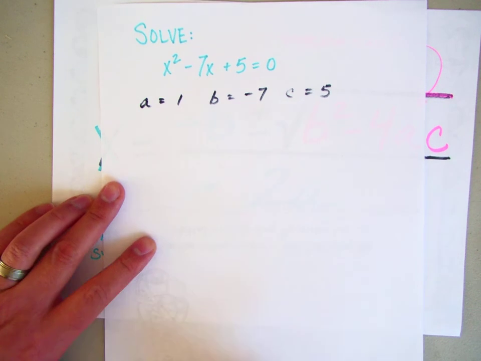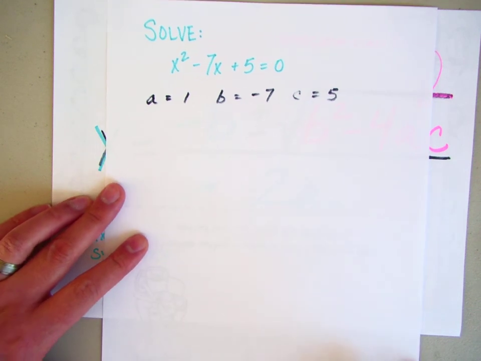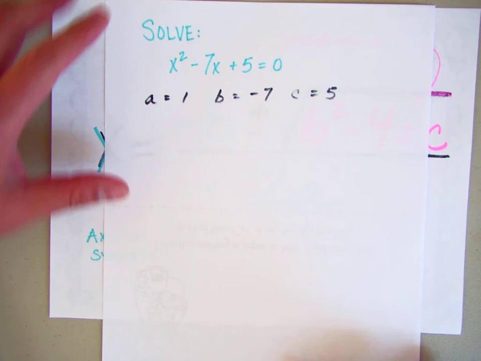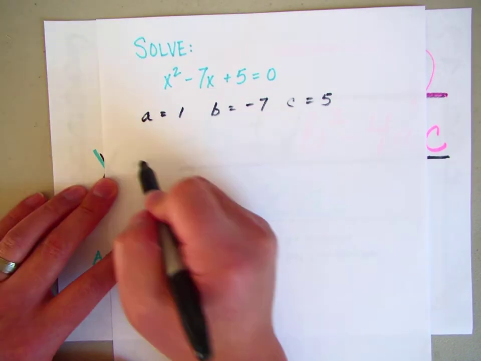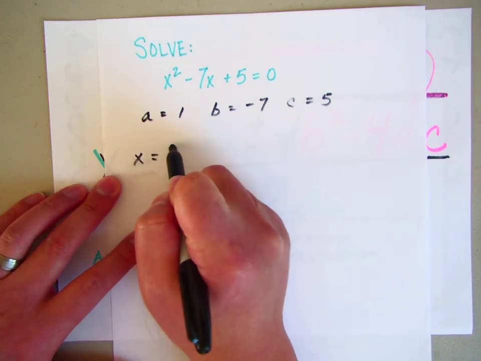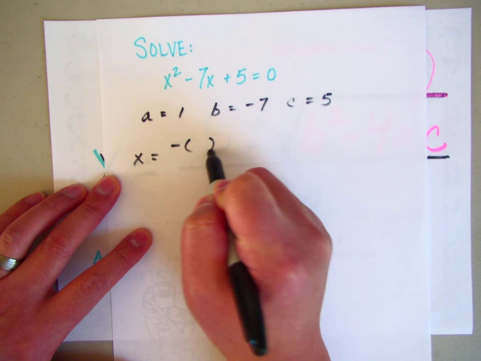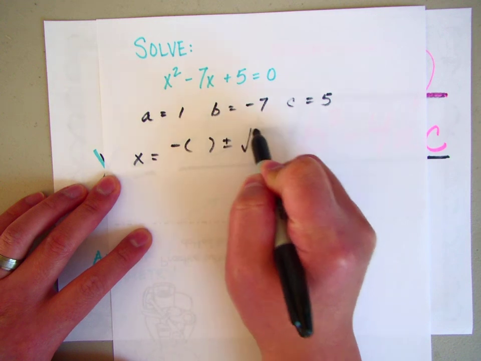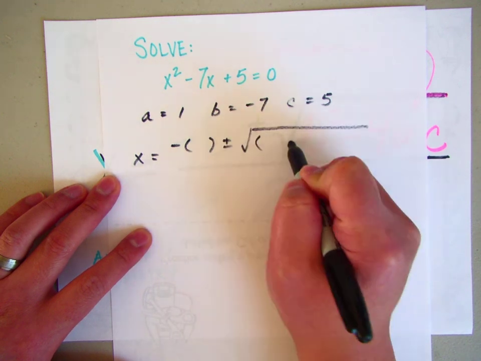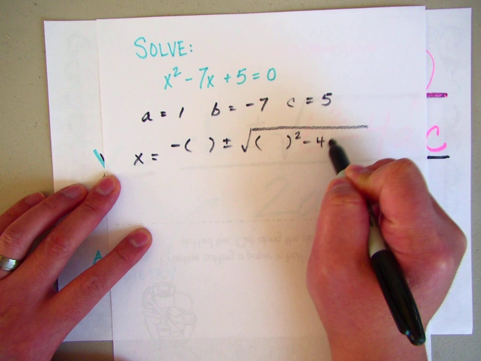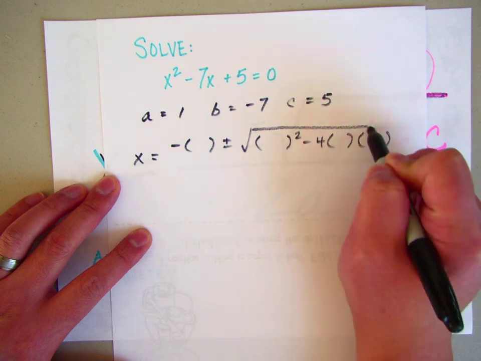Whenever I have my kids in class do this, I always like to tell them to use parentheses. So let's go. x equals negative b, plus or minus the square root of b squared minus 4 times a times c, all over 2a.